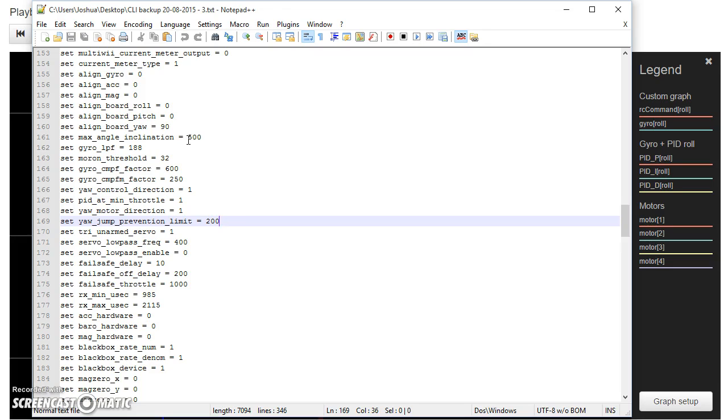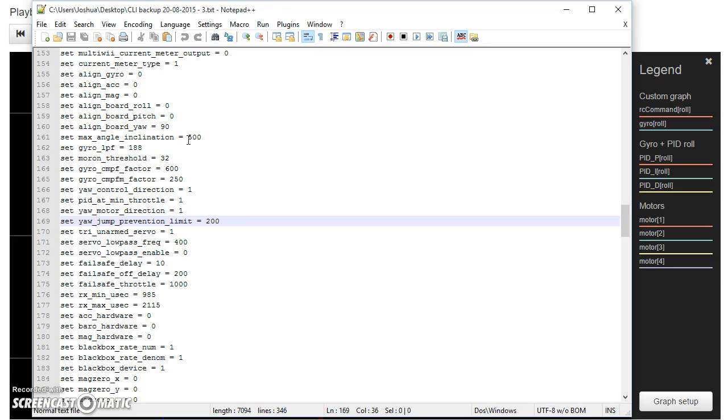But I would say that to anybody, if you have problems with yaw performance where it feels like your yaw is not responsive enough. It feels like maybe you're centering the stick and it's still sort of wandering, still sort of pulling into or out of the turn, or after the turn it kind of wanders a little bit. Raise yaw jump prevention limit. And what'll happen is that you'll be more likely to get motor surges after strong yaw, which if that happens, then you kind of got to pick your poison.